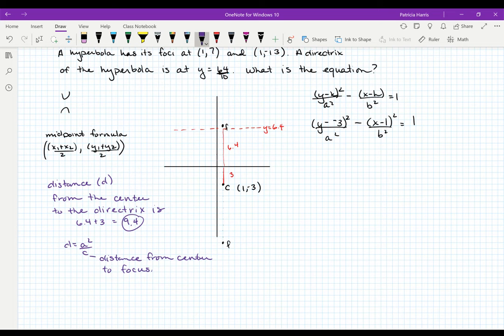So here's my center, here's my focus. My center is at (1, -3), and C would be 10, right? I can also get that from here. Notice they did not reduce that fraction. There's a reason that they did that. So that was actually really nice of them if you think about it. So now I have D, which is 9.4, and C, which is 10.